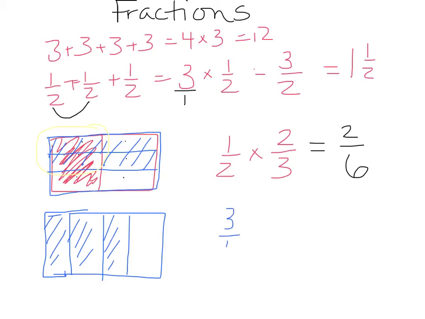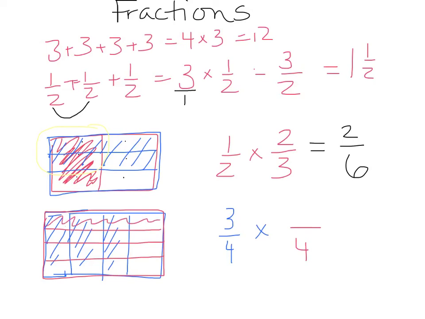So we have 3/4 times, well, for ease of drawing, we'll keep quarters again, and we'll say 1/4. So there's now 1, 2, 3 squares that have both colors in it, and there are 4 by 4, so there are 16 small pieces in total.